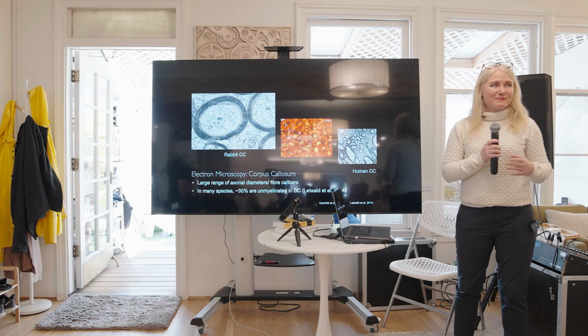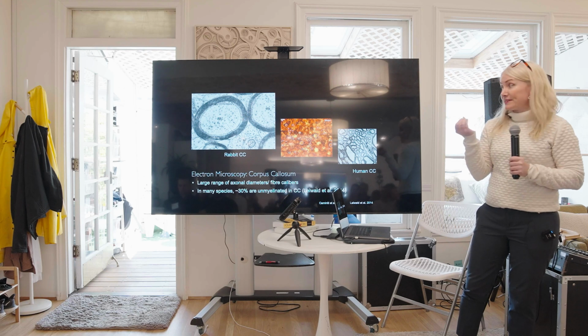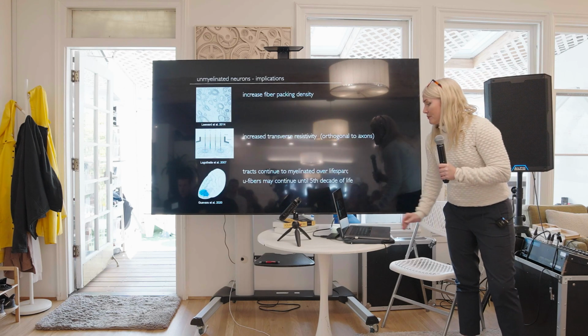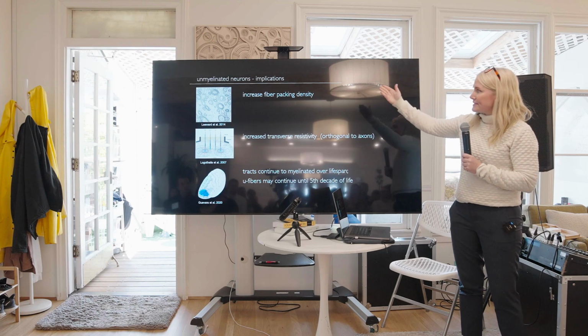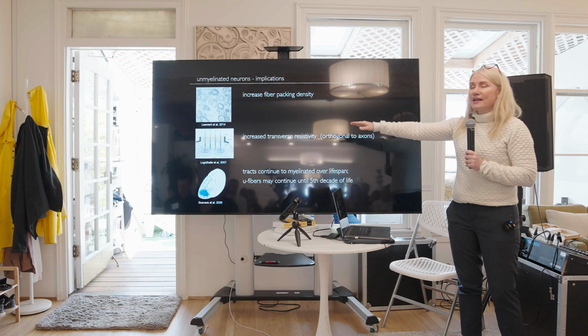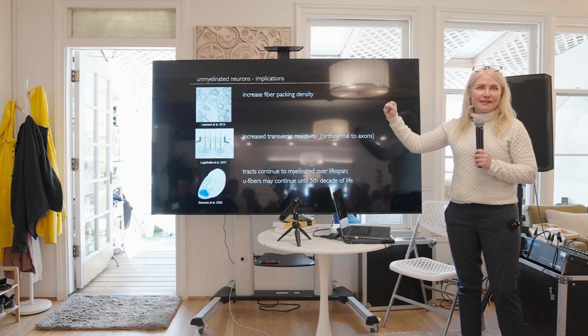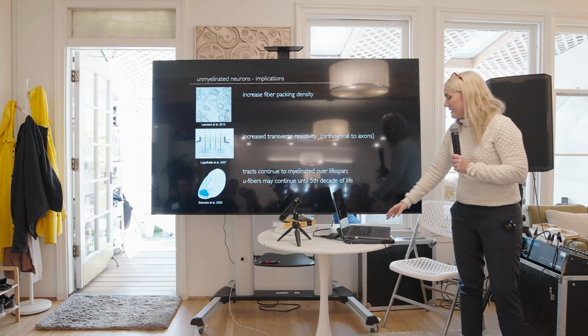So what are they doing? You wouldn't expect the signal to be able to travel that far in an unmyelinated neuron. But one of the consequences is that it increases the fiber packing density, and thus it increases the transverse resistivity of the local environment within the white matter microstructure.